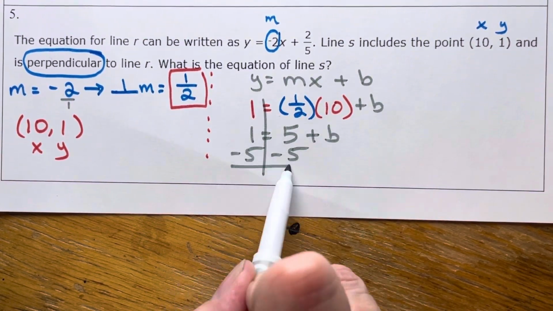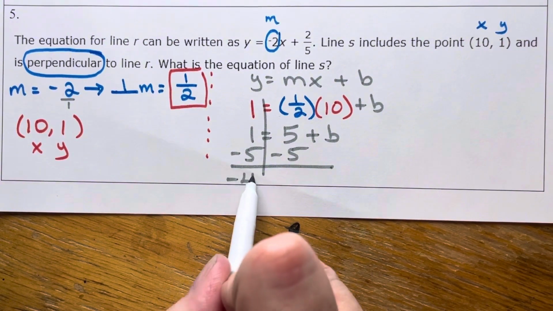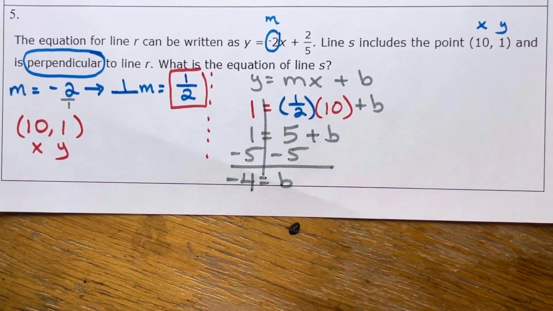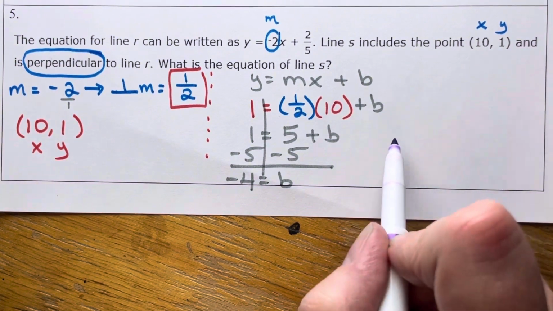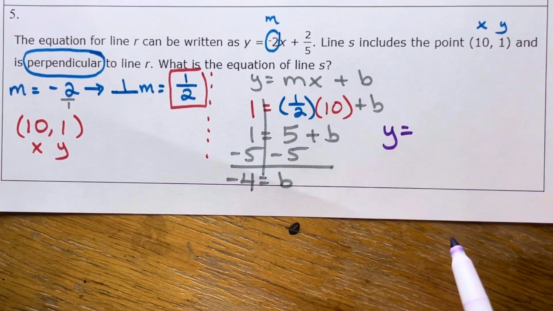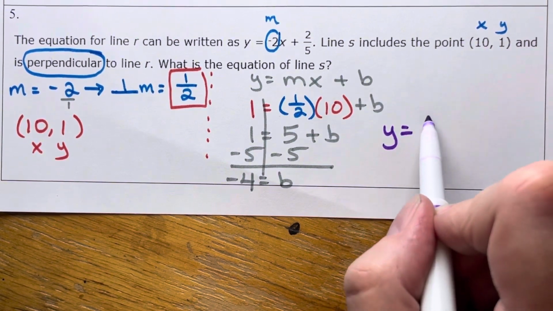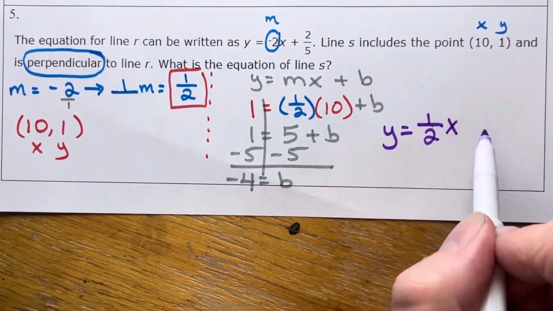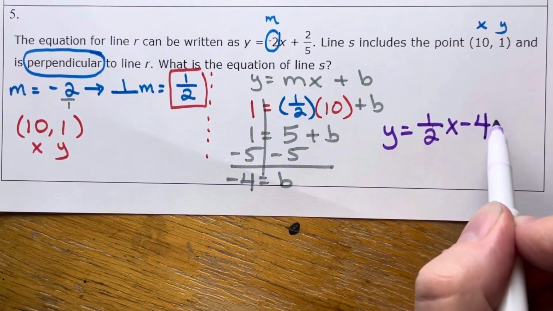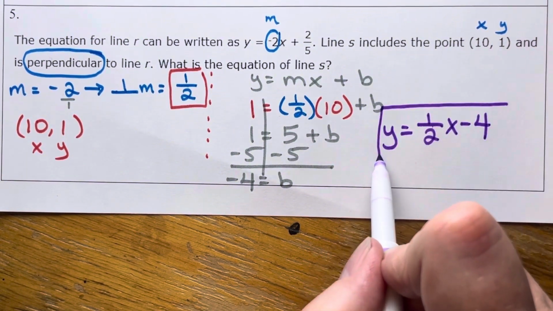Subtracting 5 so that we can get b all alone, we determine that the new and improved y-intercept is -4, and as a result, our final equation will be y equals 1/2 x minus 4. And there you go.